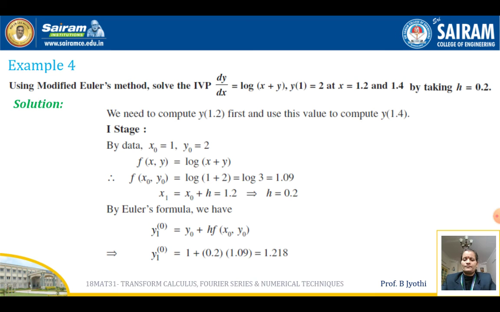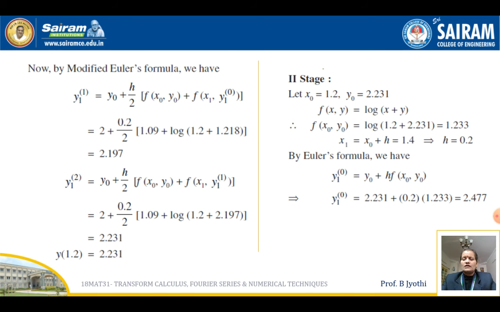1.218. Next, by applying the modified Euler's formula, we have y1 of 1 is y naught plus h by 2 f of x naught y naught plus f of x1 y1 of 0. So 2 plus 0.2 by 2 of 1.09 plus log of 1.2 plus 1.218, which gives us 2.197.